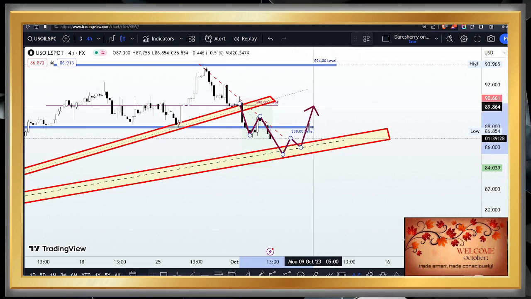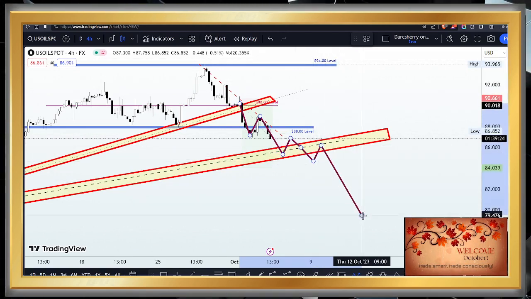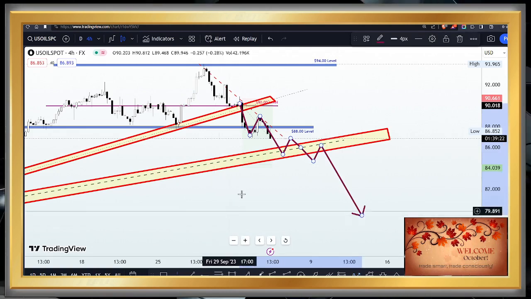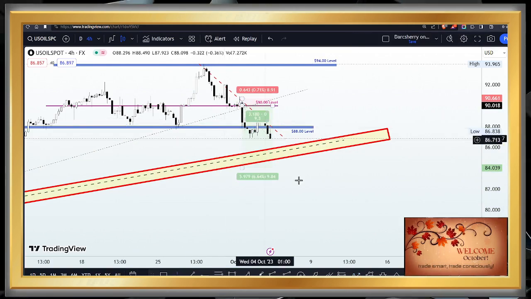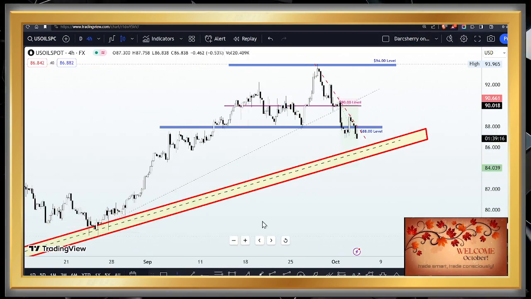And in fact, if price goes on to break down the ascending trend line, then this could incite a massive sell-off in this market.